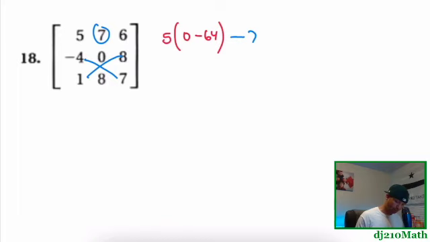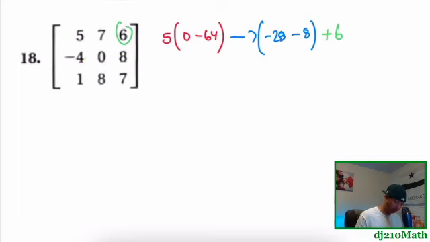So this is going to be -28. Negative 28, right? Because negative 4 times 7 minus 8, then plus. Plus what? 6 times negative 32, right?